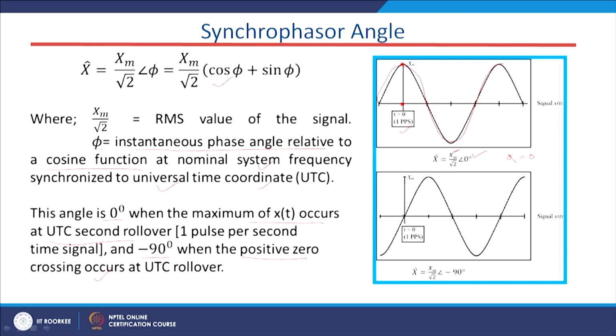Let us say this particular peak is moved to this point. What is the phase difference between these 2 points? 90 degree. So, this point is lagging this point by 90 degree, see here. So, while we express this particular instantaneous signal in phasor form, we will write this as the magnitude and this as the angle part, minus 90 degree.